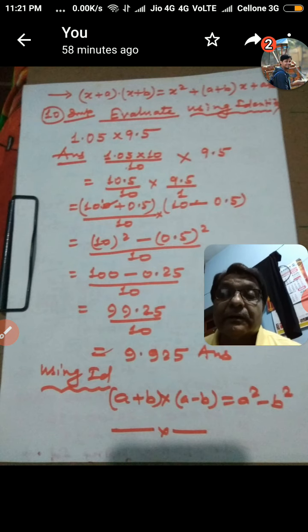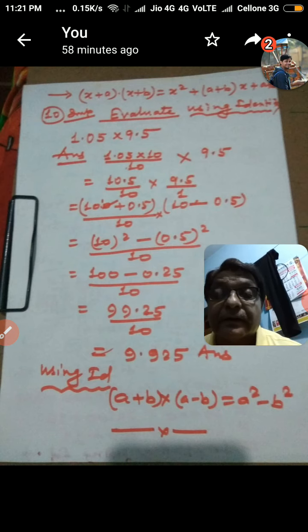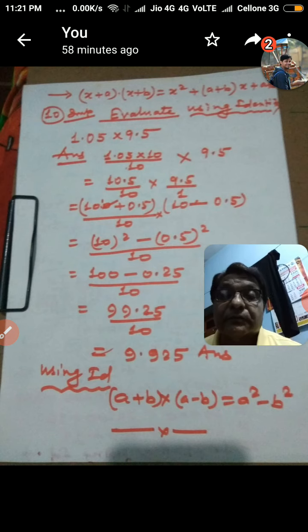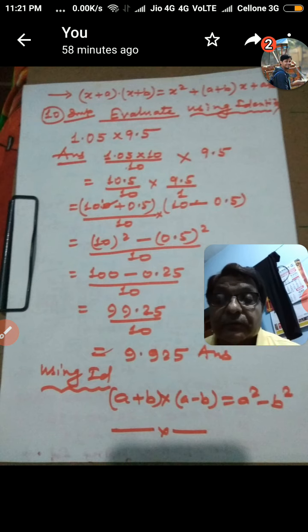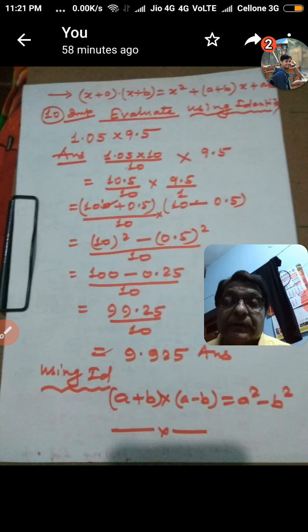Now if we compare, our identity comes: (a + b)(a - b) in the numerator, so it will be a square minus b square, and the whole divided by 10. In this way we finally get 99.75 by 10, and finally 9.975. The answer is found using the identity, since during this process we have used (a + b)(a - b), which is equal to a square minus b square.